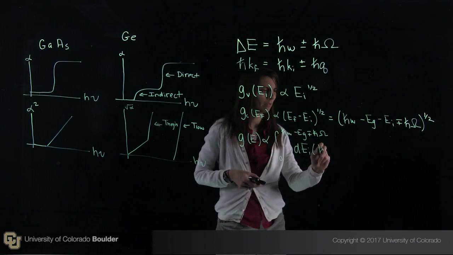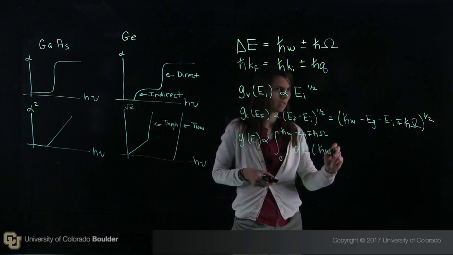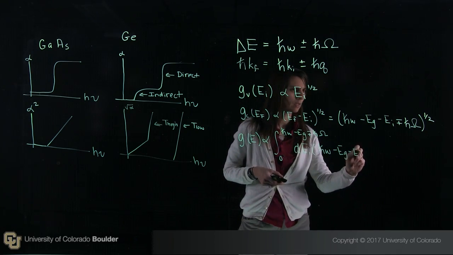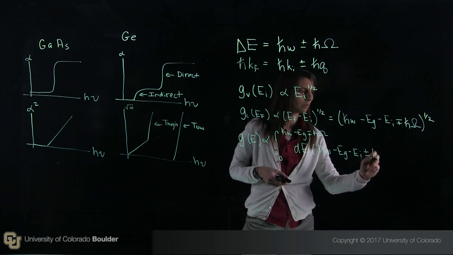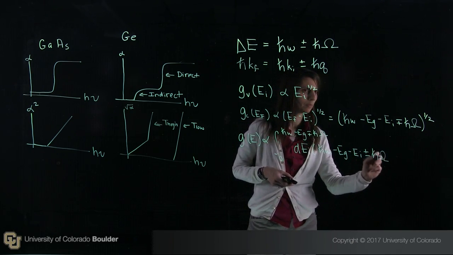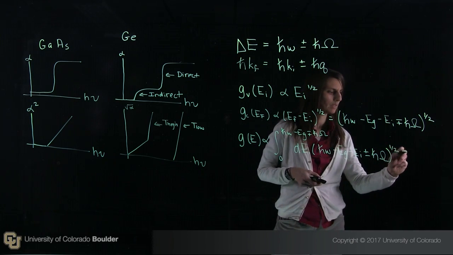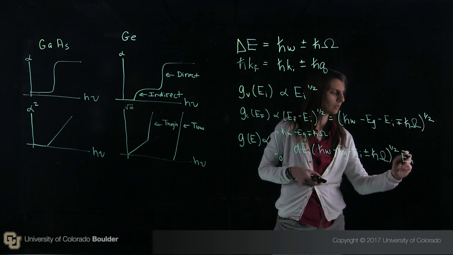And then here we have h bar omega minus E_G minus E_i plus/minus h bar capital omega to the 1/2 times E_i to the 1/2.